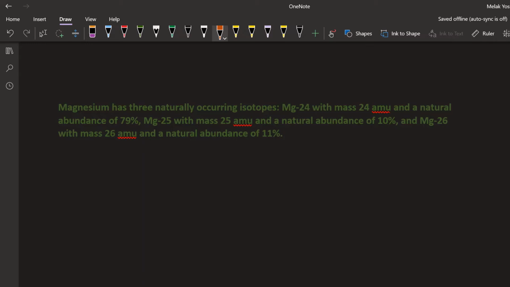If you're going to find the weighted average atomic mass of magnesium, we need to add all the present isotopes in a weighted average.